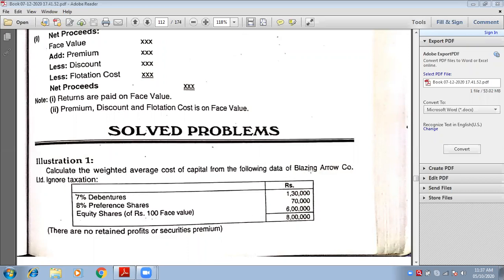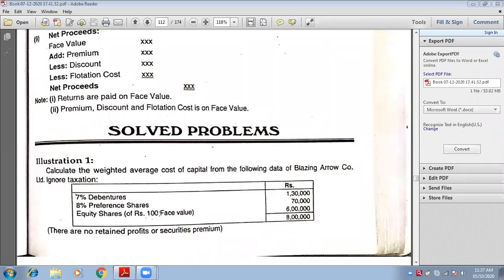So debentures 1,30,000, preference shares 70,000. 8% preference shares means dividend rate is given for preference shares. On shares there is dividend. On borrowed funds there is interest. Remember this. So preference shares 8% means 8% is the rate of dividend of preference shares, and the amount is 70,000.